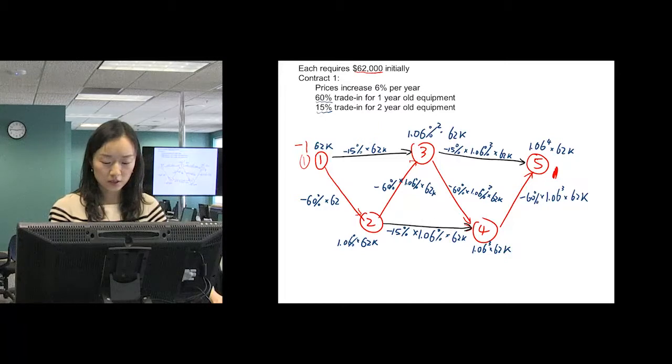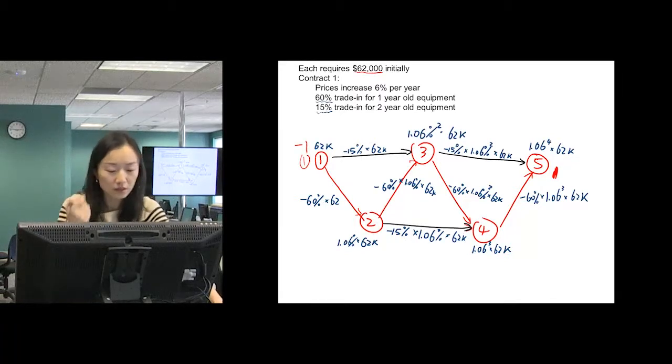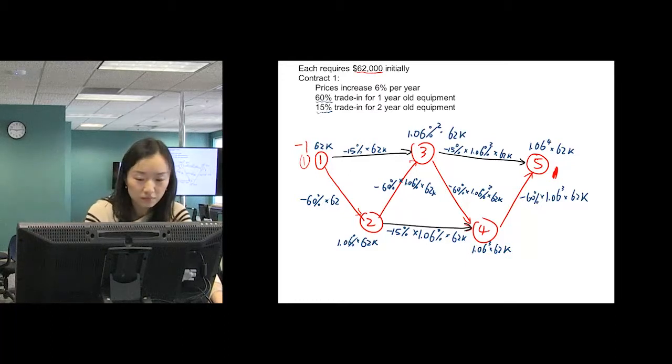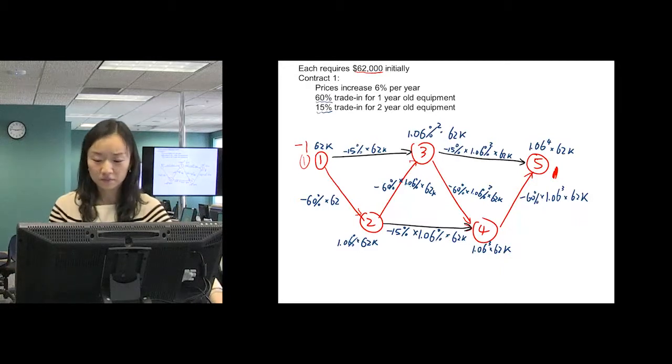If it comes from this direction, then we're trading this 2-year-old equipment that we purchased in year 2, and we only get 15% from it. So these are the costs. Now, with this analysis, what do we get? Which part do we get?